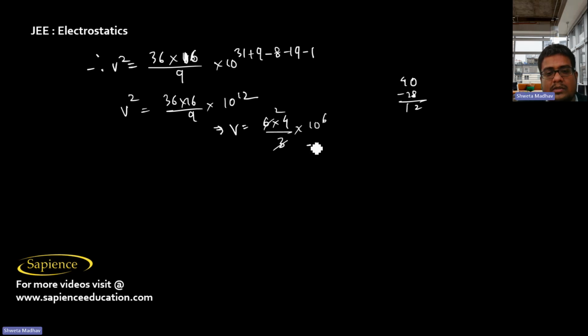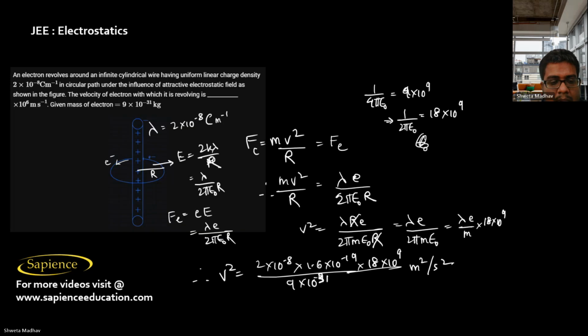So v is 8 into 10 power 6 meter per second. So the velocity of the electron which is revolving is 8 into 10 power 6 meter per second. So 8 is the answer.